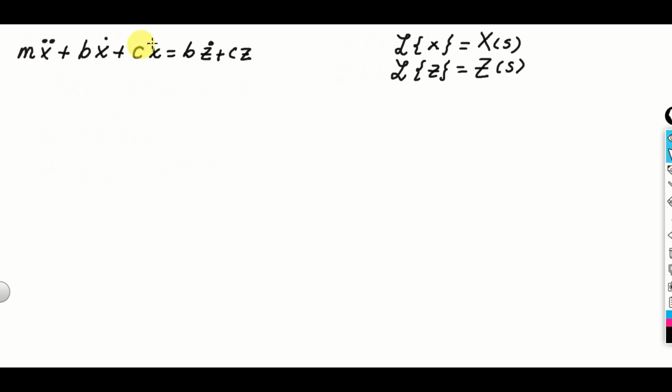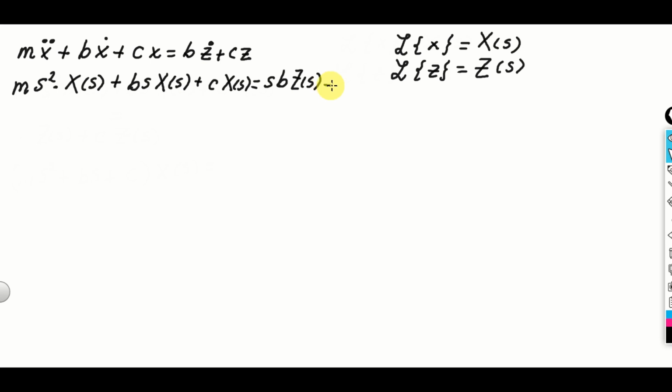Let's apply the Laplace transform to this equation. We have m s squared multiplied by capital X of s plus b s X of s plus c X of s is equal to s b Z of s plus c Z of s.